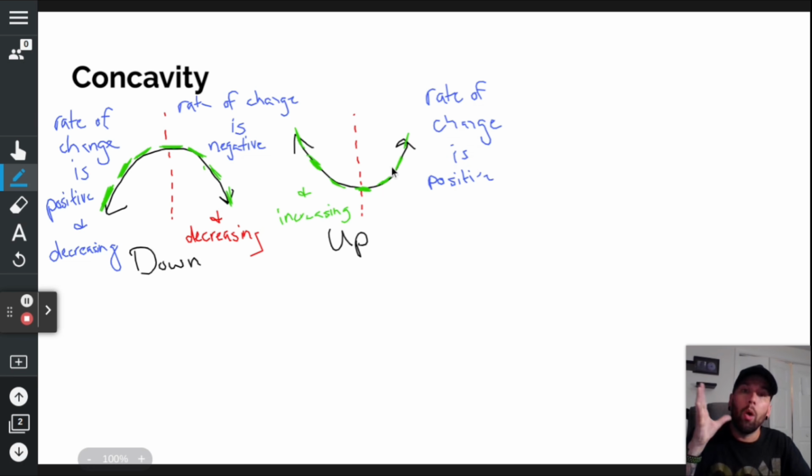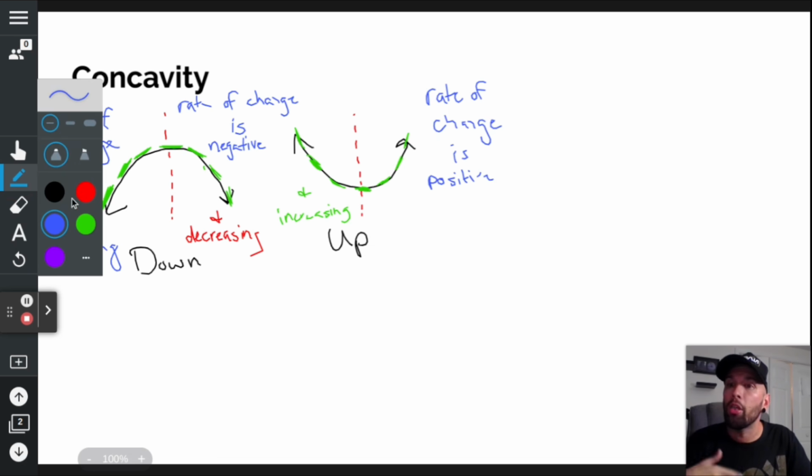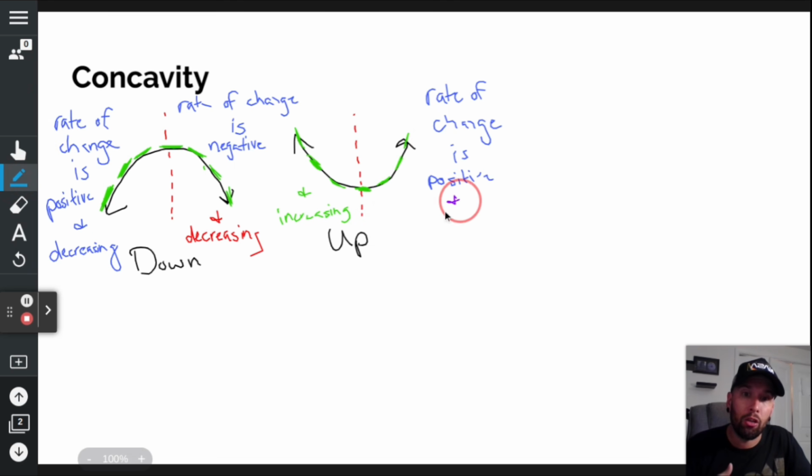However, what is my rate of change doing? Well, my slope, as I continue moving to the right, is a positive slope, steeper positive, which means on the right side, my rate of change is increasing.